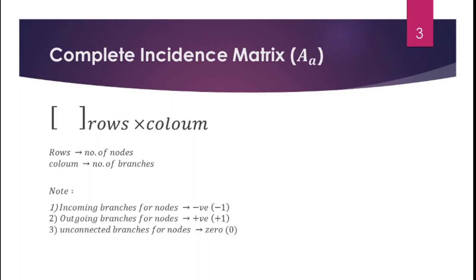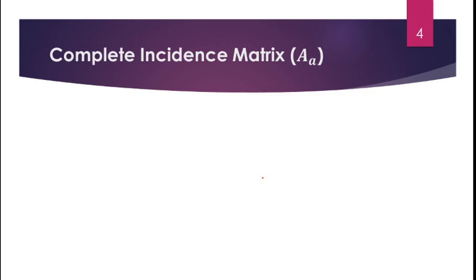If the branch is outgoing from the node, the respective branch associated with that particular node takes the value +1. And if a branch is not connected, not associated with that particular node, then that value will definitely be 0. Okay, let's take a look at how we can form the complete incidence matrix.